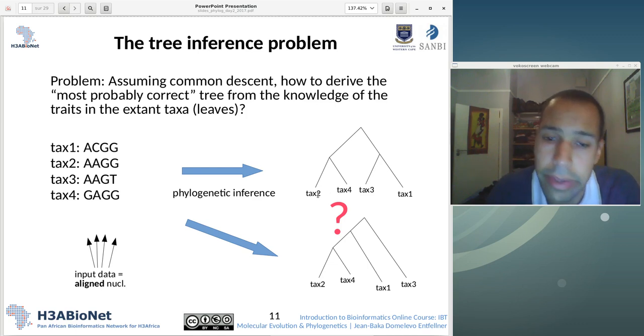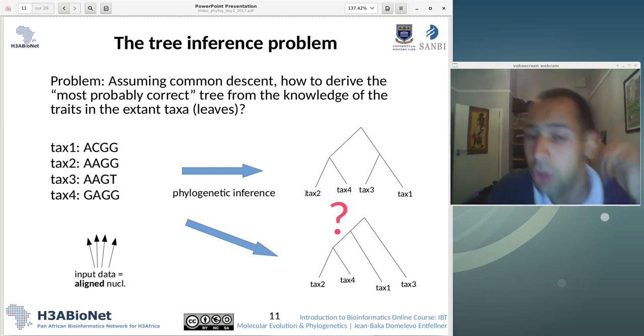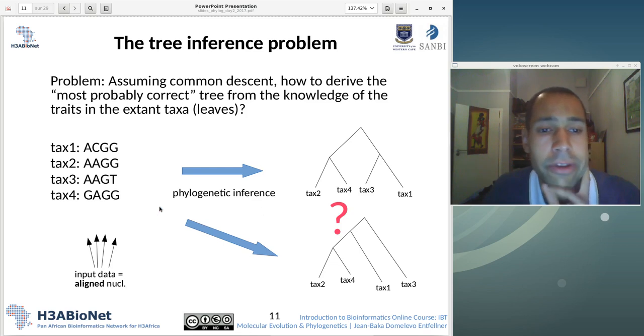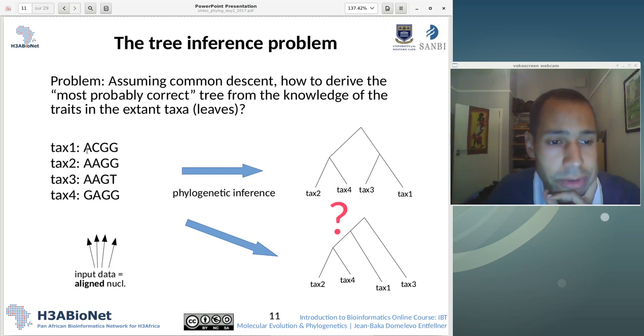They can also be virus strains that have been sequenced some years ago, so it's not necessarily just today, but in any case the extant taxa are those from which we can get information pertaining to the values of the traits. Here in this example, if the traits are those 4 sites from a DNA sequence, we must have 4 DNA sequences pertaining to each of the 4 taxa.